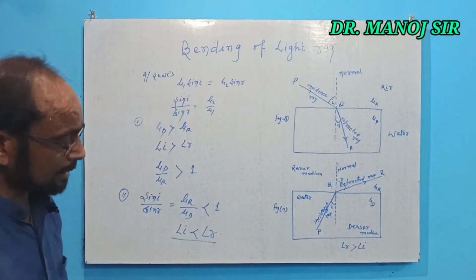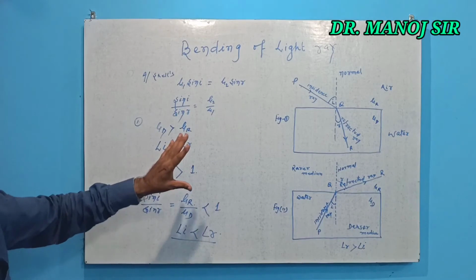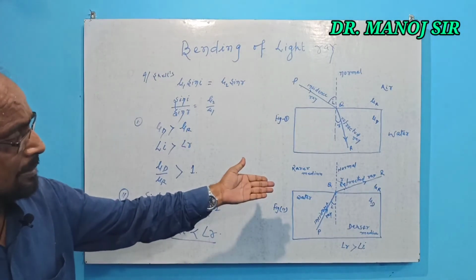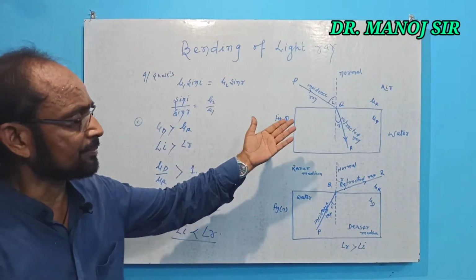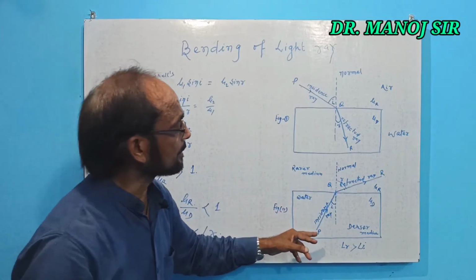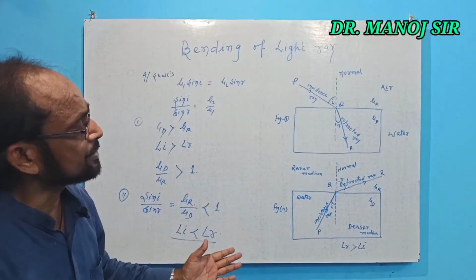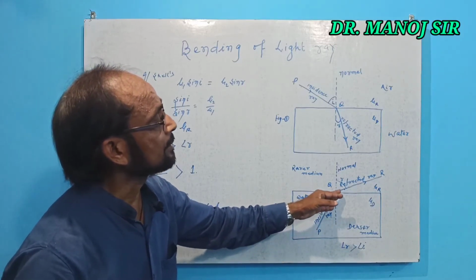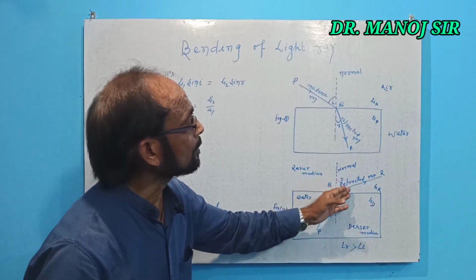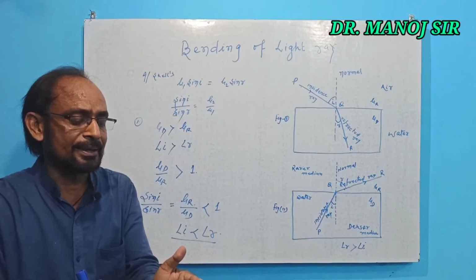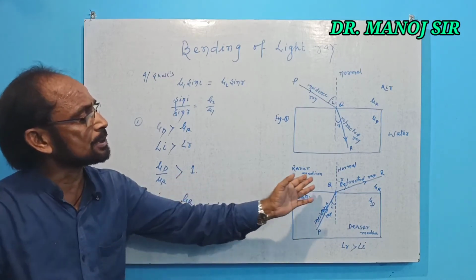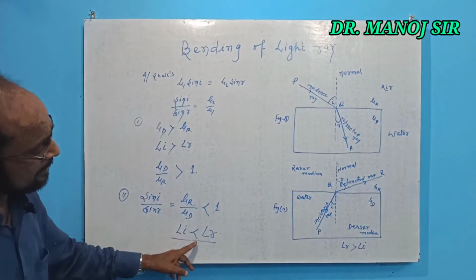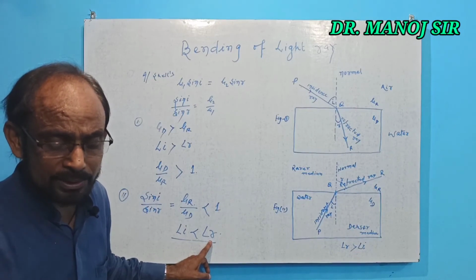That defines the change in medium of the incident ray: when going from rarer to denser, it bends towards the perpendicular as a refracted ray, and when a beam of light is incident from denser to rarer, the refracted ray goes far from the perpendicular and makes an angle of refraction whose magnitude is greater than the angle of incidence.